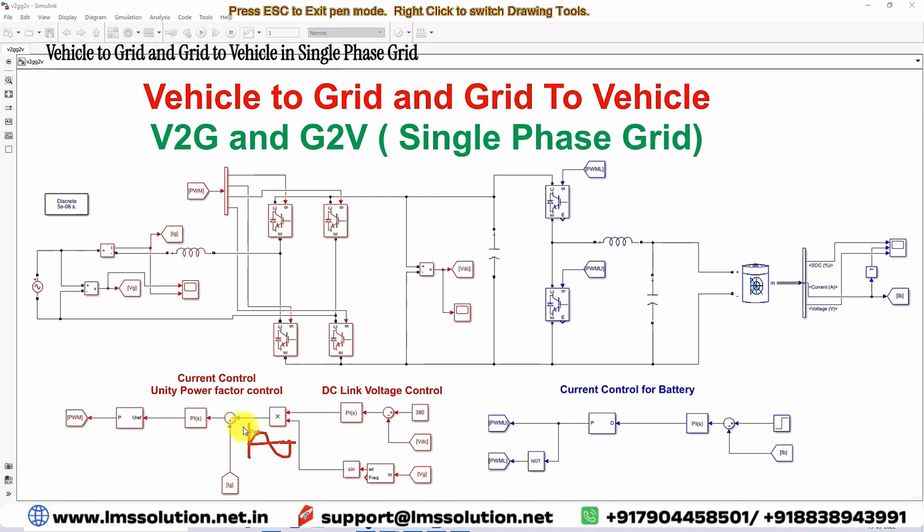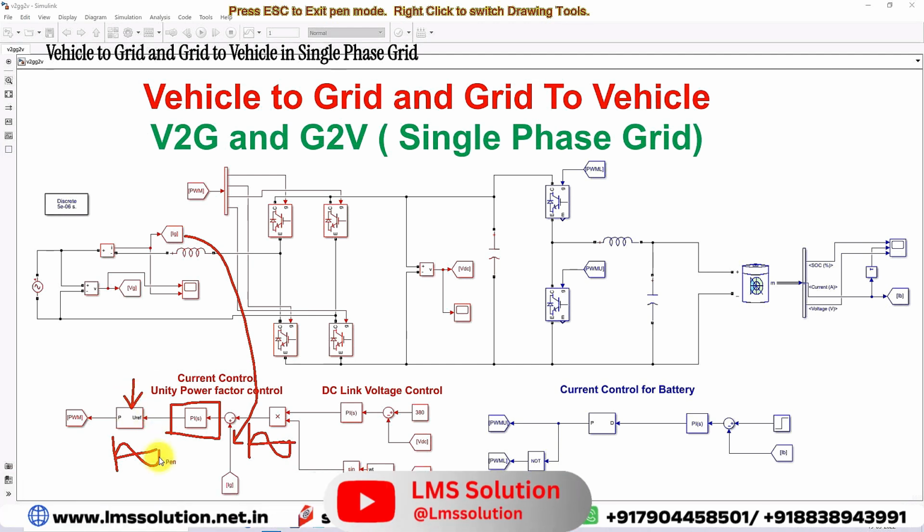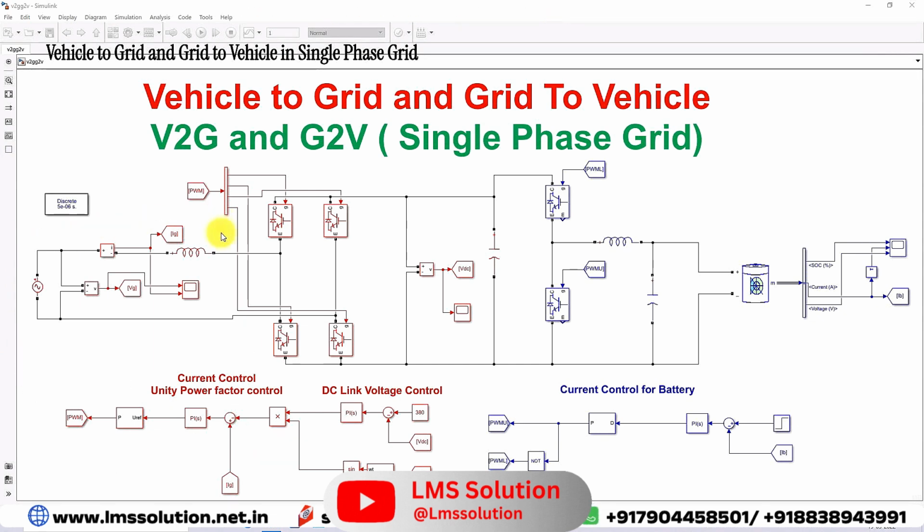Next, this reference current is compared with the source current or grid current. This is the source or grid current, and it is compared with this reference current. Again, it is processed via a PI controller. This PI controller generates the control voltage in sinusoidal form, and then it is processed via a sinusoidal PWM generator. The output of this PWM generator is given to the single phase H bridge inverter.